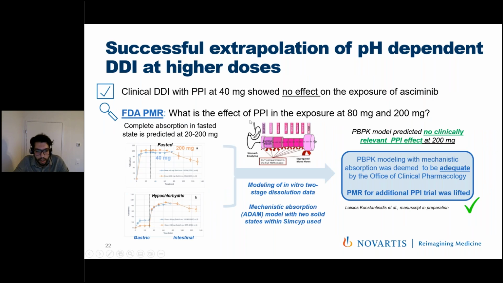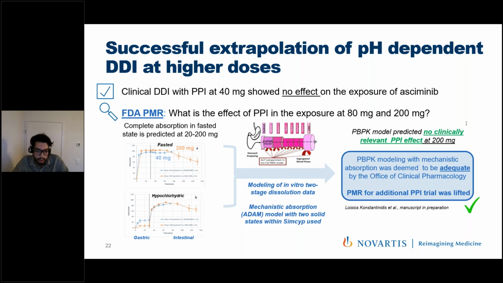On another query that we had during the regulatory review, FDA asked us, as a post-marketing commitment or requirement, to investigate the effect of a proton pump inhibitor on the exposure of asciminib at the 80 milligram and 200 milligram dose levels.